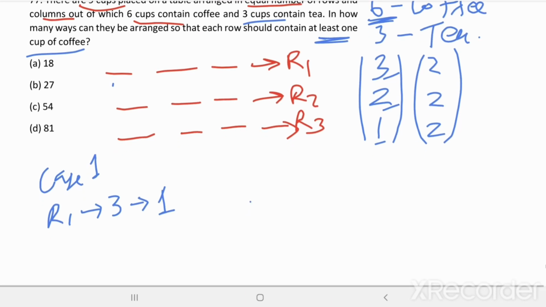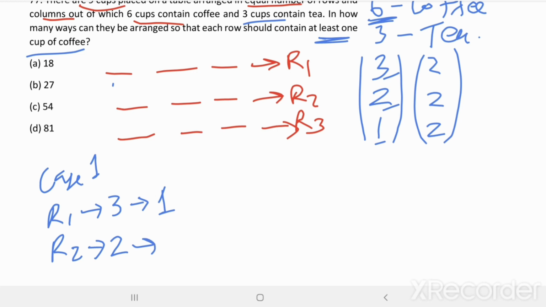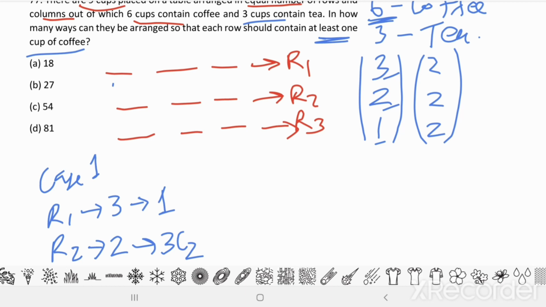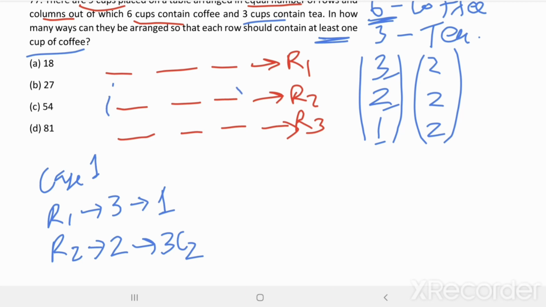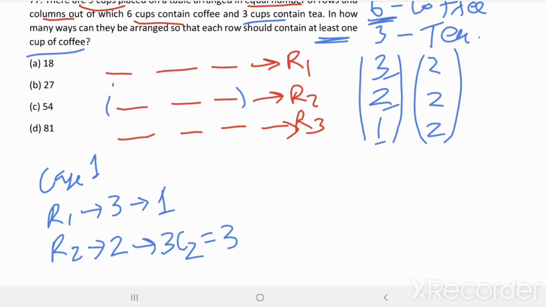Then R2 has 2 cups of coffee. So 2 cups of coffee you can place in 3 places in 3C2 ways. That means choose 2 out of these 3 and keep 2 coffees on those places. So 3C2 equals 3.